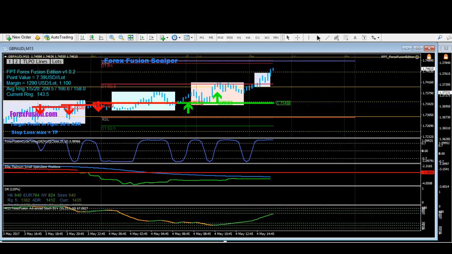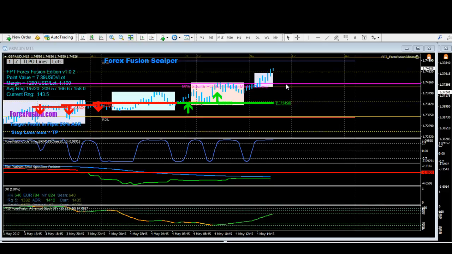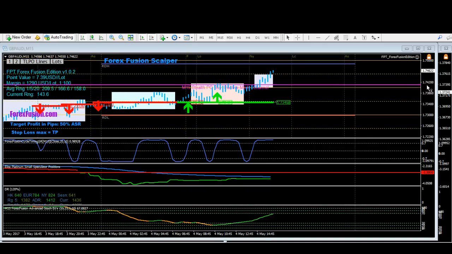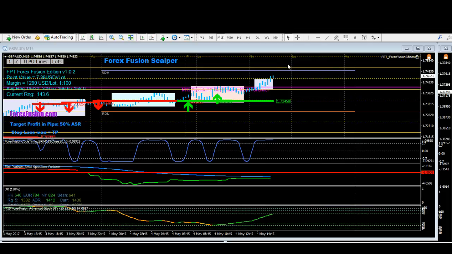So I'm going to place a pending buy limit. Now normally I would also place a pending buy stop just above this next whole number, and we have a bracketed situation.